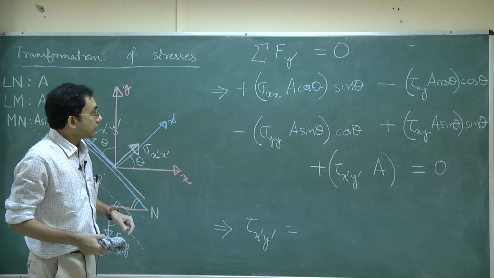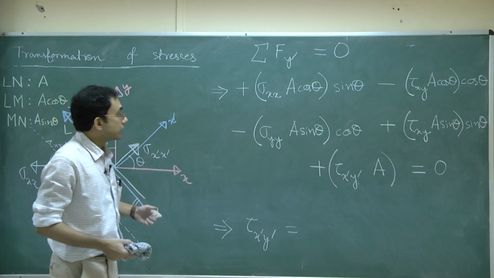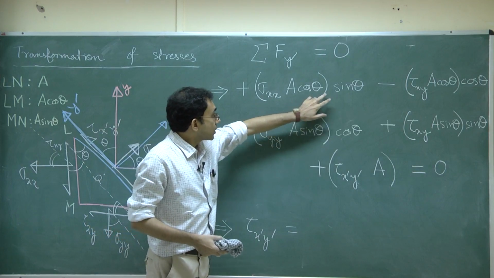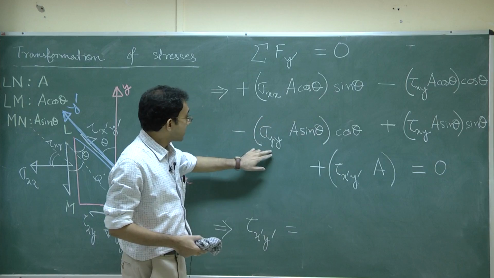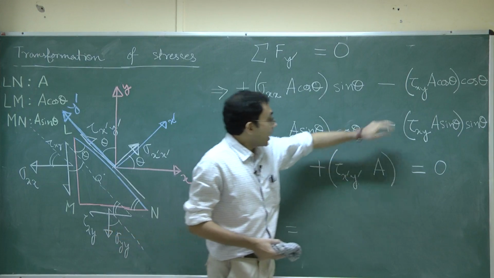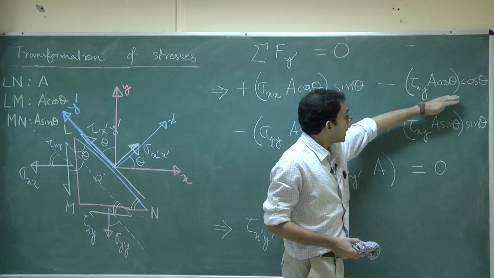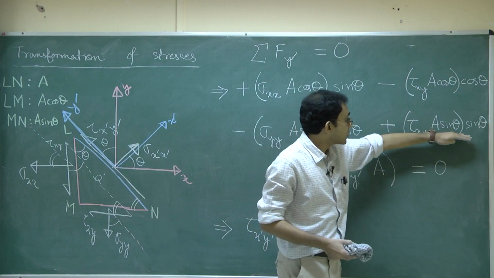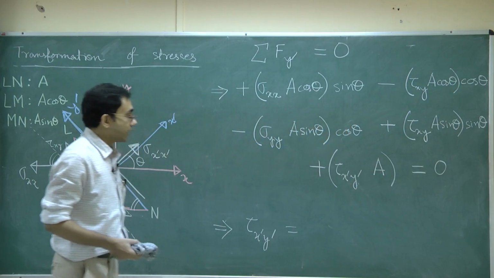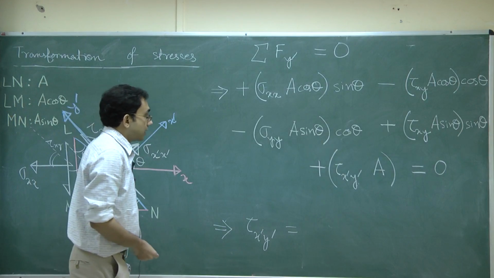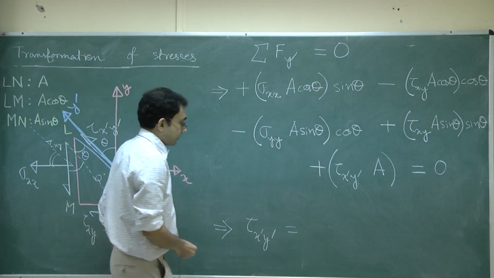But more importantly, there is a certain pattern which is emerging here. You see, the sigma xx comes with cos theta sin theta, the sigma yy also comes with cos theta sin theta. The tau xy terms also have a nice thing going on here, which is it is multiplied with cos square theta, and this one is multiplied with sin square theta. So, if we skip a few steps, can we not write something like this?